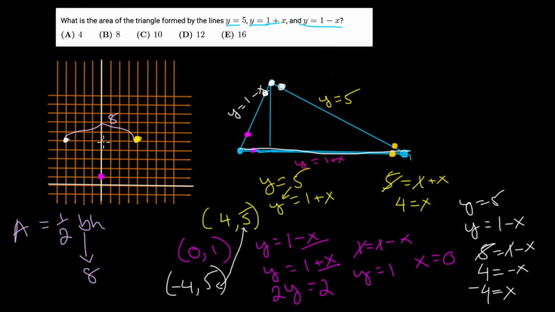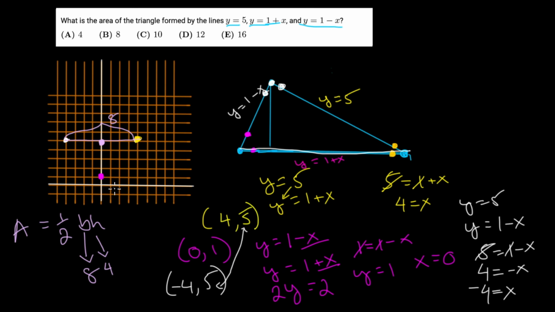We can also see here that this distance here is 1, 2, 3, 4. It is 4. How would we know this if we weren't graphing it? Well, we would know that it's perpendicular to y is equal to 5, and that it includes this point right here, so that line would have to be x is equal to 0.